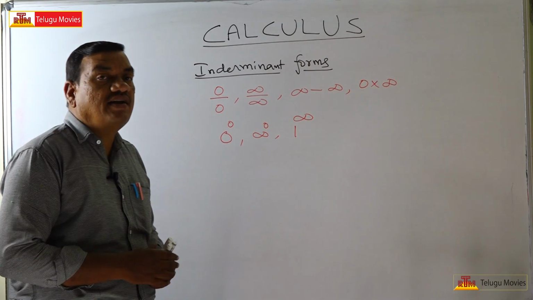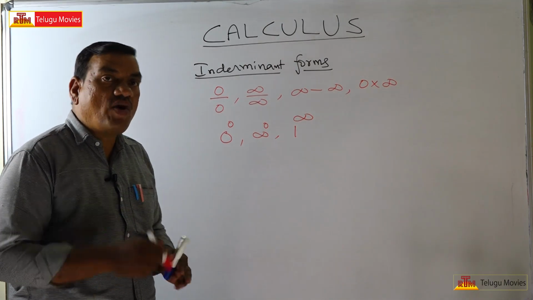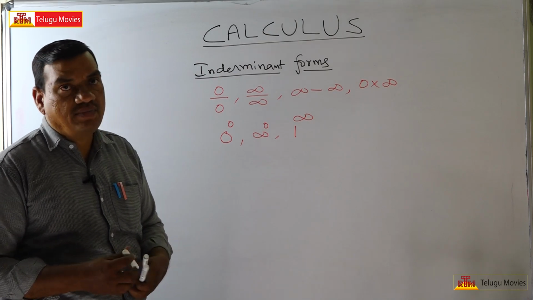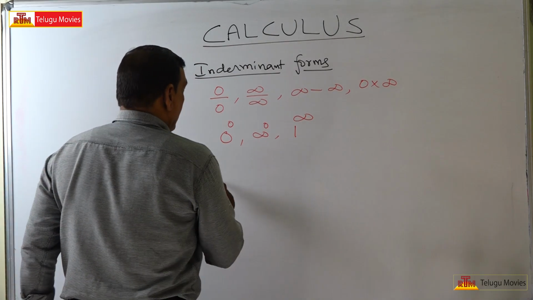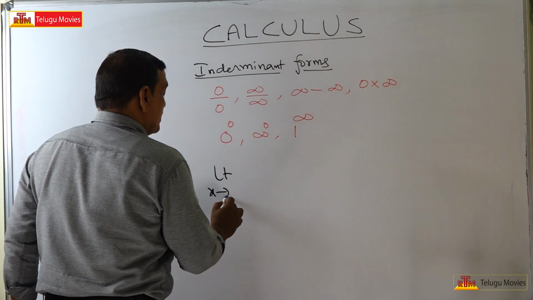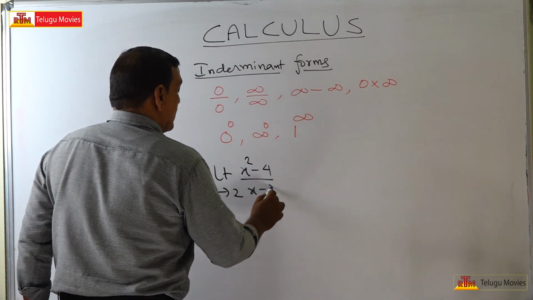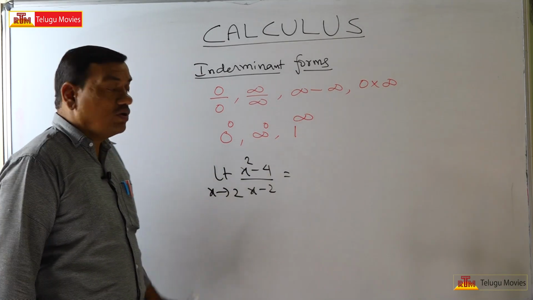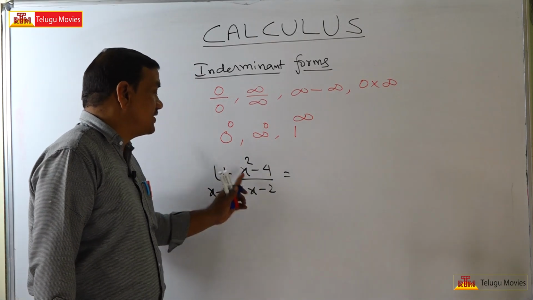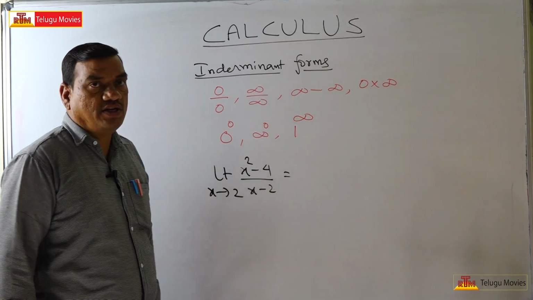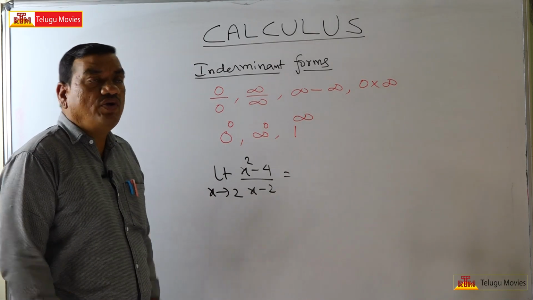Sir, where do we get these types of forms? For example, take this problem: the limit as x tends to 2 of (x square minus 4) upon (x minus 2). As usual, how will we do the problem?